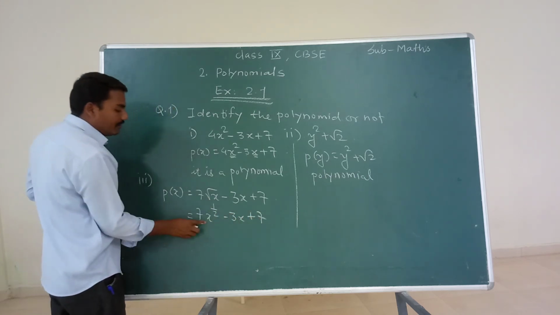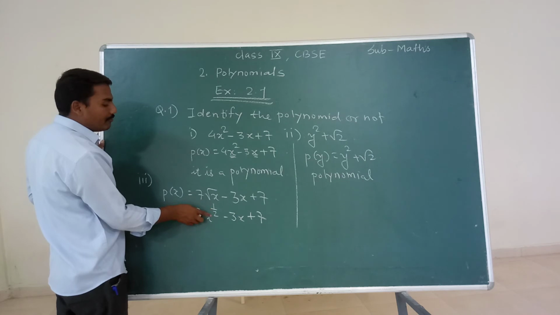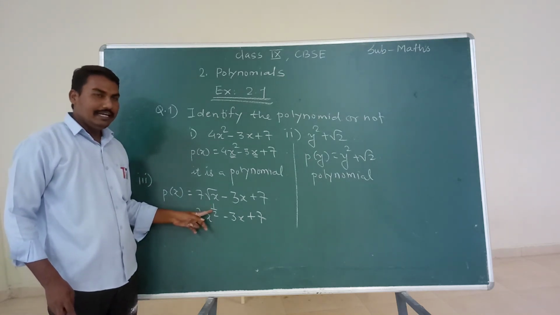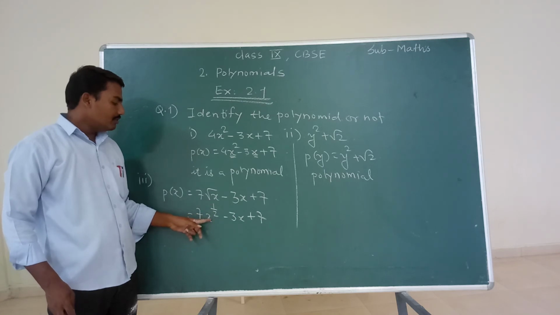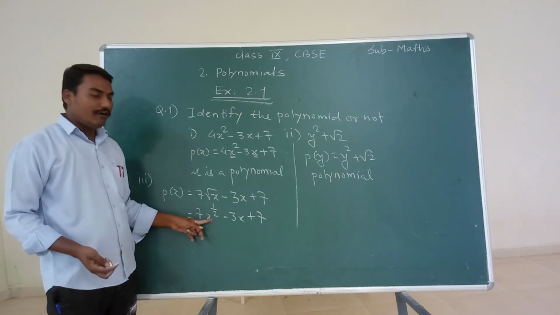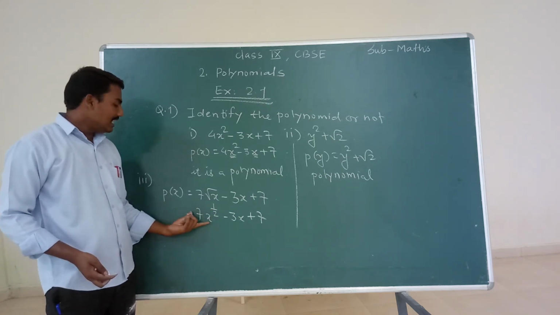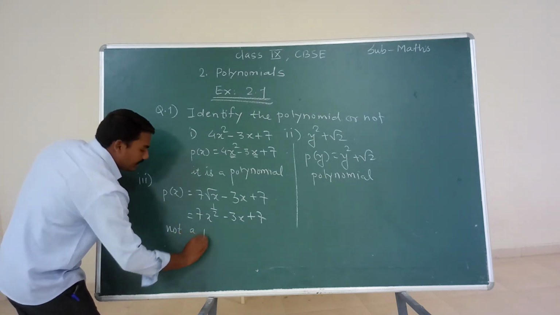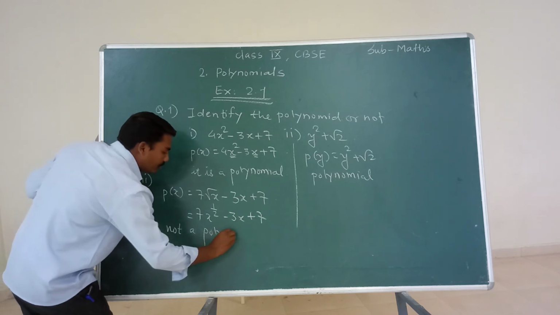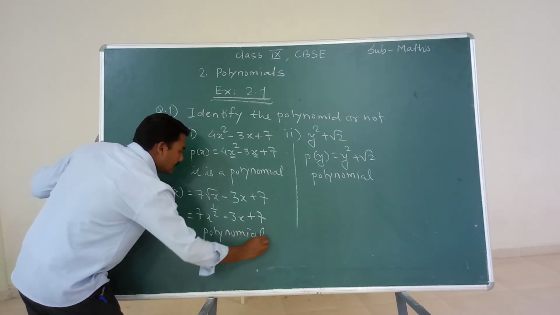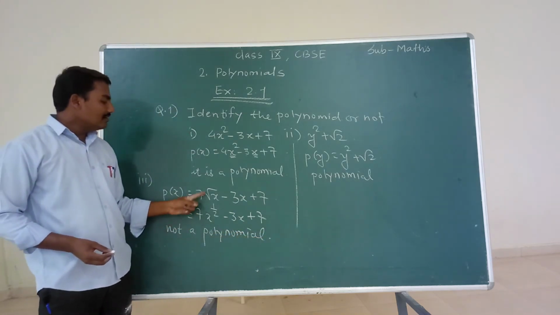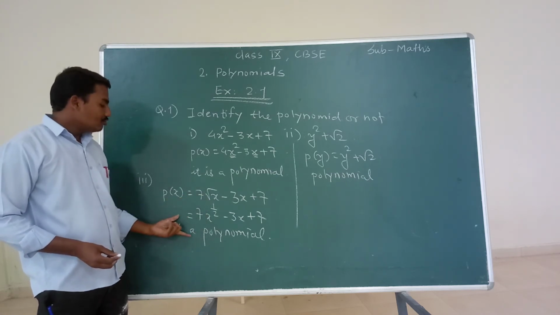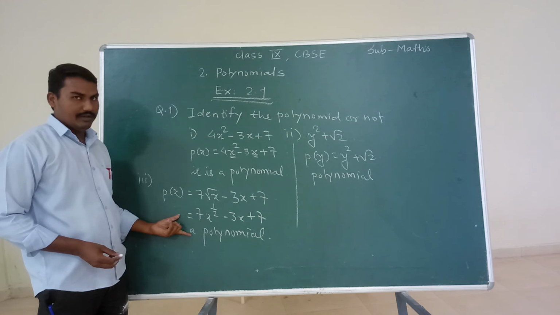The power of the variable is in the form of a by b. It is not in integer form. It is in fraction form. That's why it is not a polynomial. If the power is in square root or in fraction form, then it is not a polynomial.